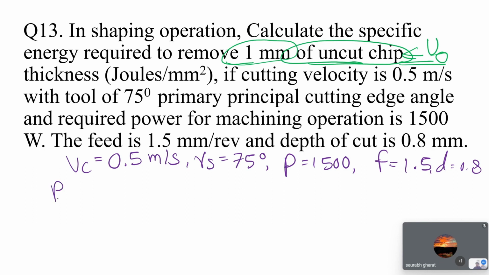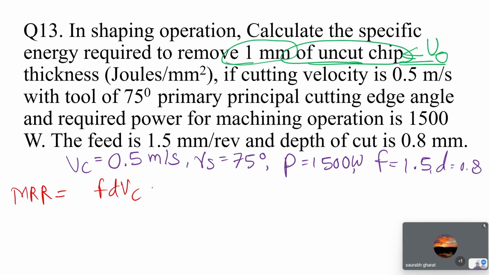The power is equal to, okay, power is in watt, means joule per second. How to find? I have to go with MRR, because mostly you have to find MRR and get the answer. The power, how it will be? So you know it will be F T into VC.